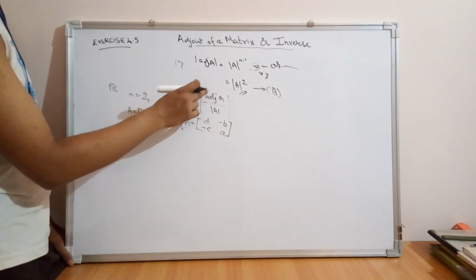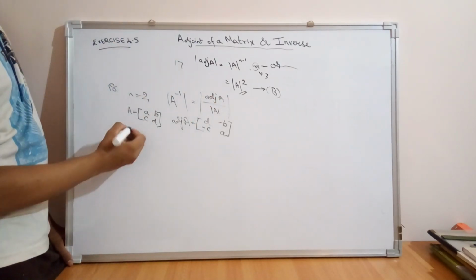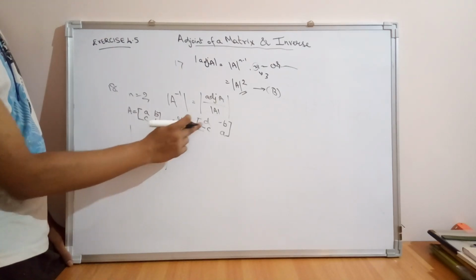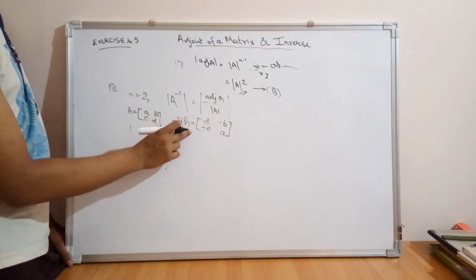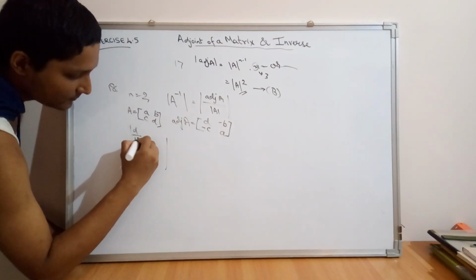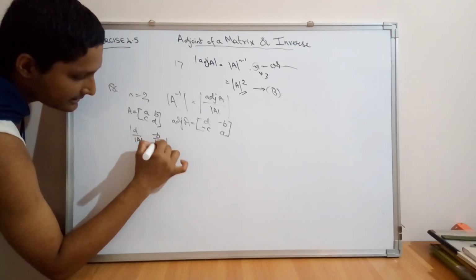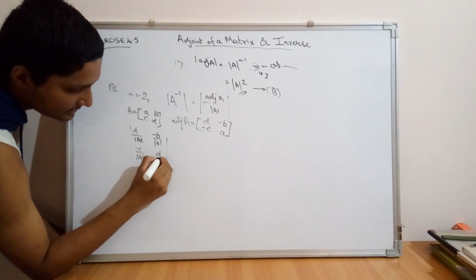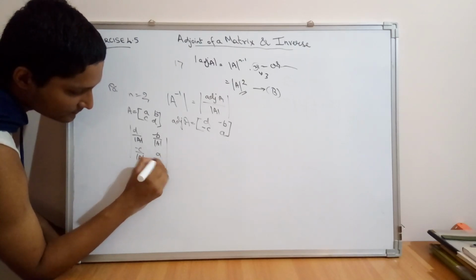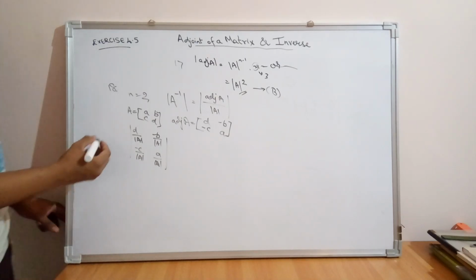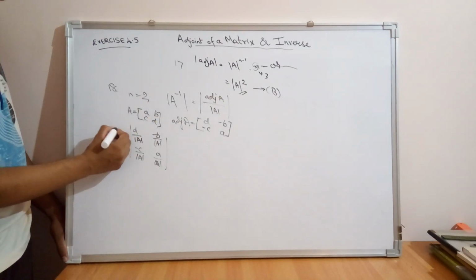What should be inside this determinant is a matrix. So adjoint of A divided by det A is going to be D by det A, minus B by det A, minus C by det A and A by det A. So this was det of A inverse.